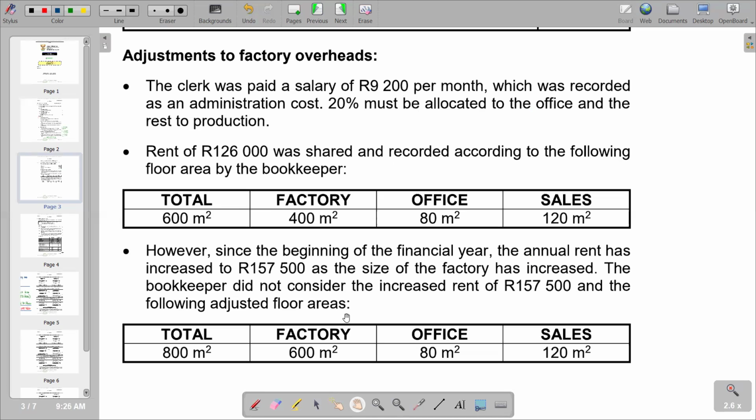So we are going to say the allocation for the new minus the allocation for the old. Then we get the difference. We add it to our factory overhead cost. So we start by saying 600 over 800 times 157,500.